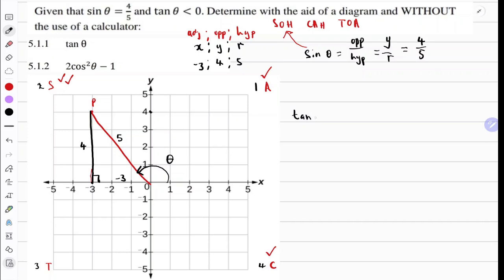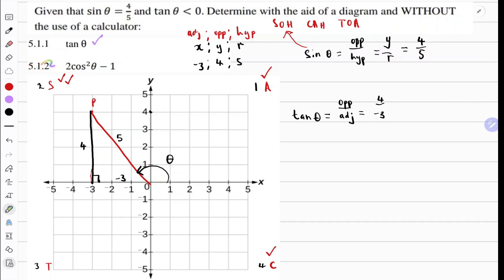Tan theta from the acronym SOHCAHTOA is the opposite side over the adjacent side, and this is equal to, the opposite is 4 over -3, because with respect to the angle theta, this here is your opposite, it's opposite to the angle, and this here is your adjacent because it's next to the angle, and this here is your hypotenuse.